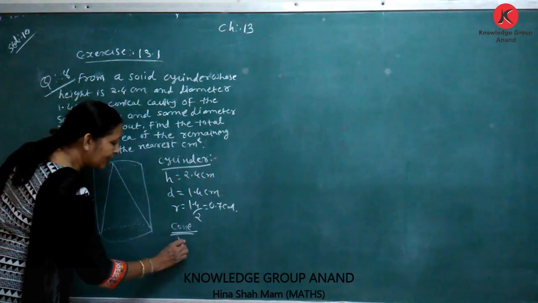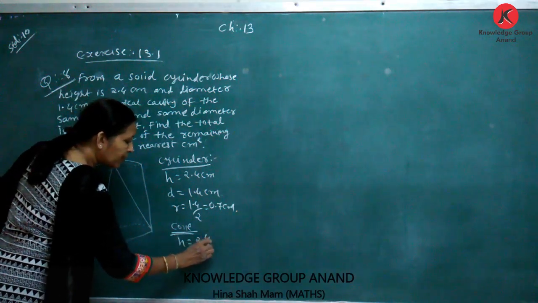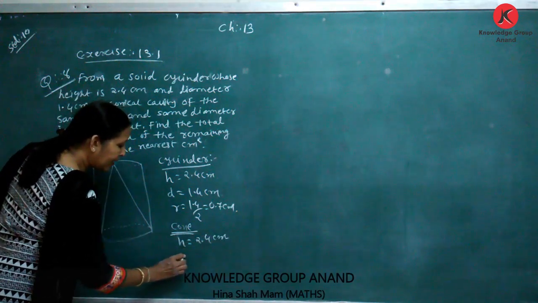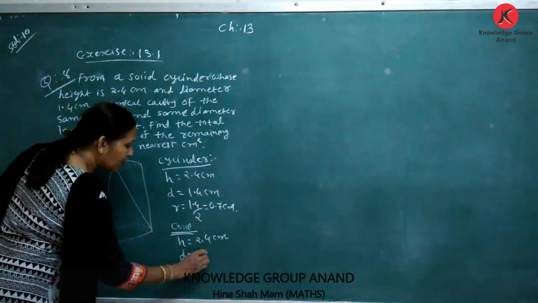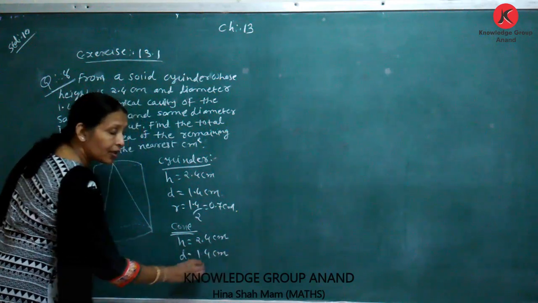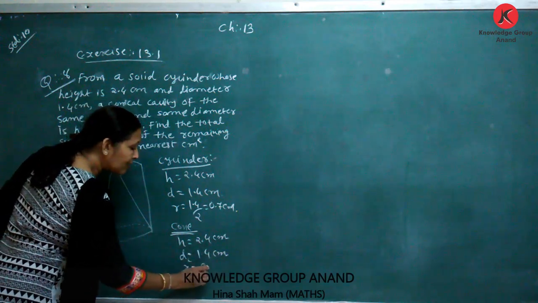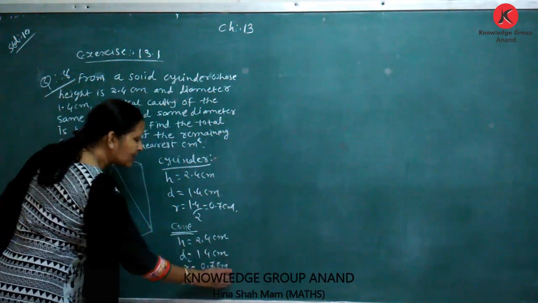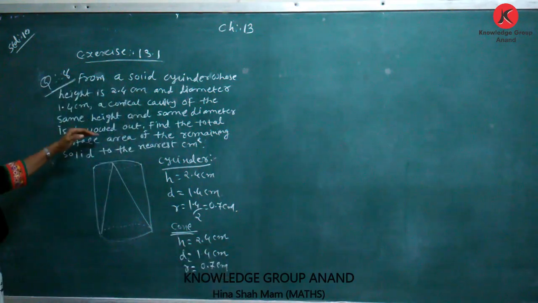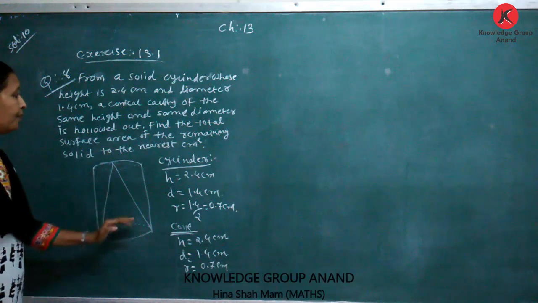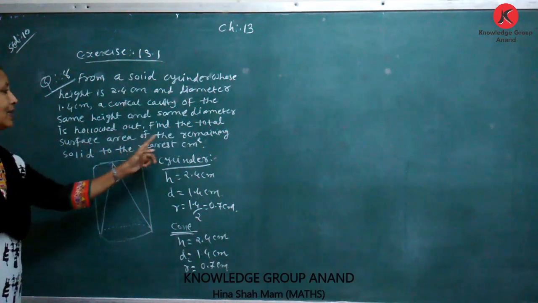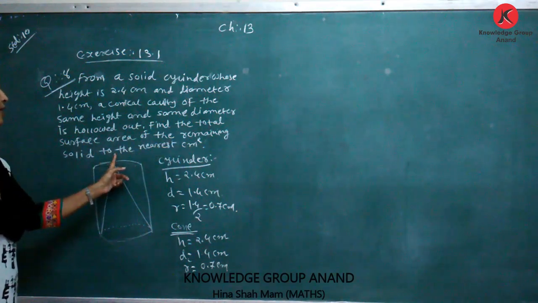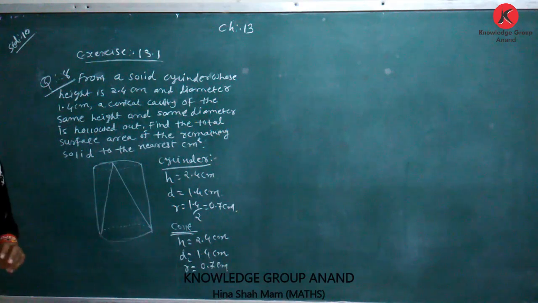Therefore, its height is equal to 2.4 centimeter and diameter is equal to 1.4 centimeter. Therefore, R is equal to 0.7 centimeter. Find the total surface area of the remaining solid to the nearest centimeter square.